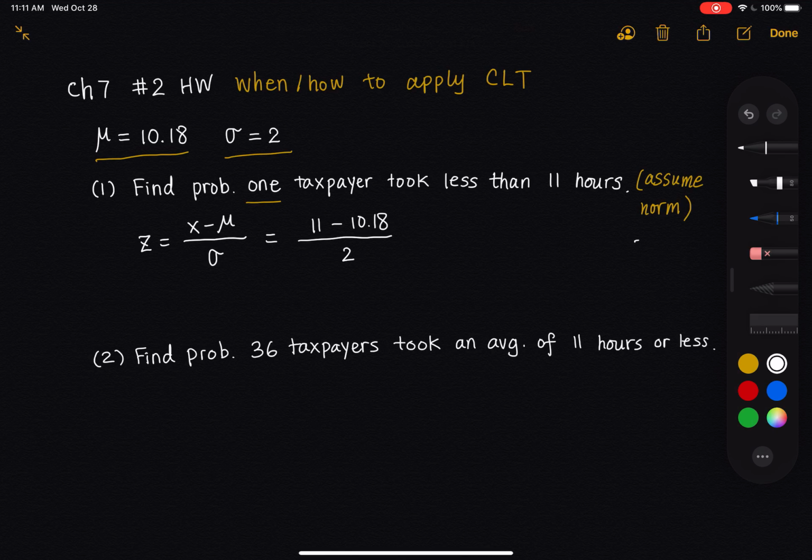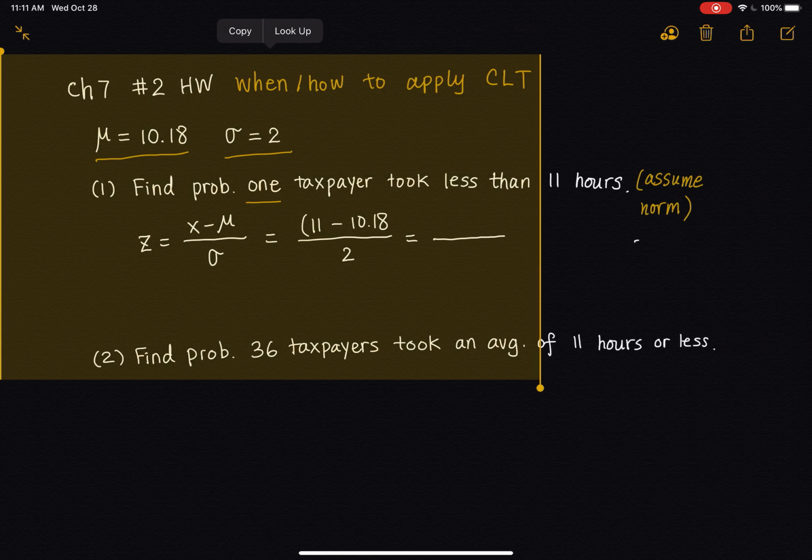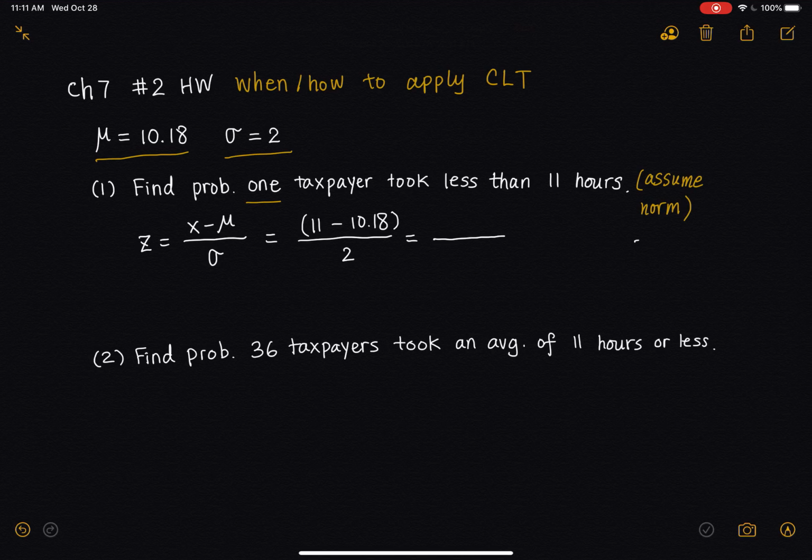It's very important to identify the value for each symbol. So then on the top, and you have to do it step by step, you either enter parenthesis 11 subtract 10.18 close parenthesis divided by 2 in your calculator, or you do it step by step. You do 11 subtract 10.18, you get 0.82, and then you divide it by 2, and then you get 0.41 as a z-score.